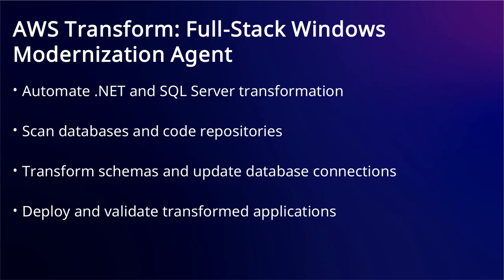You can scan existing databases and code repositories, automatically transform SQL Server schemas to Aurora PostgreSQL, update database connections in .NET code, and deploy the transformed applications to containers. This end-to-end automation accelerates modernization by 5x while reducing operating costs up to 70%, enabling you to efficiently migrate and modernize your Windows applications on AWS.